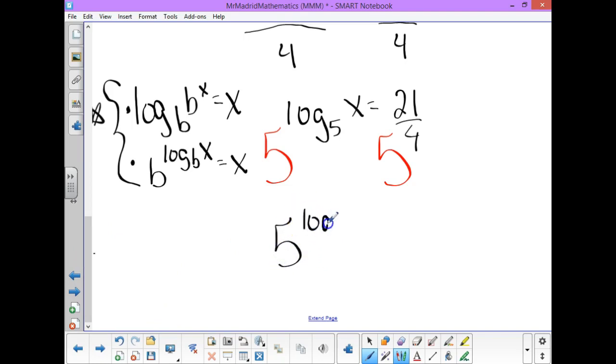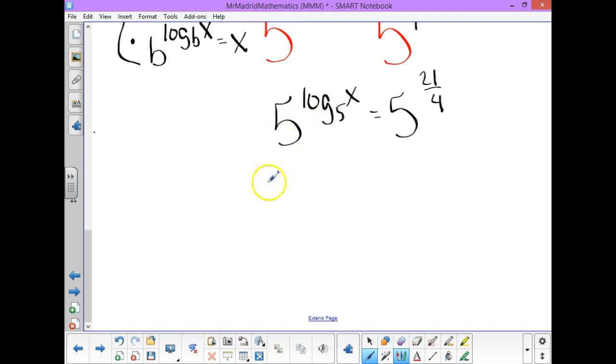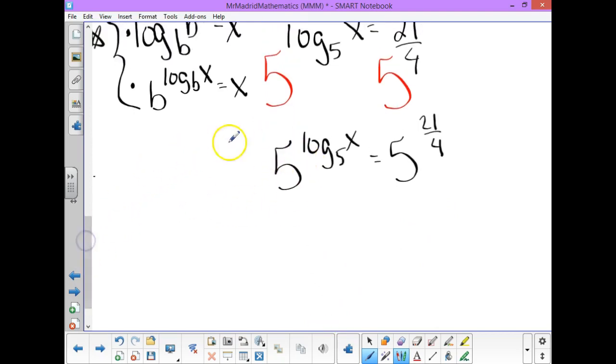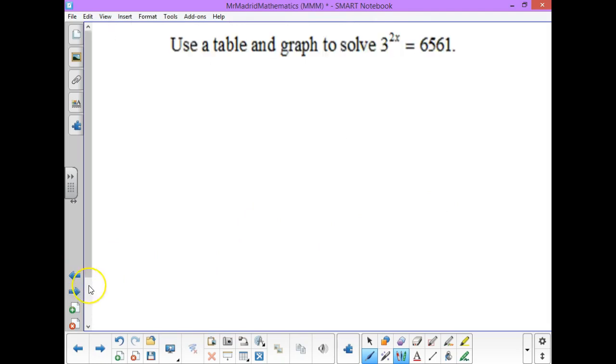So I've now got 5 to the log base 5 of x equals 5 to the 21 over 4 power. Why did I do that? Because this property guarantees me that so long as the bases match, they'll cancel, and I'm left with x equals 5 to the 21 over 4 power. Alright, let's go ahead and move on.